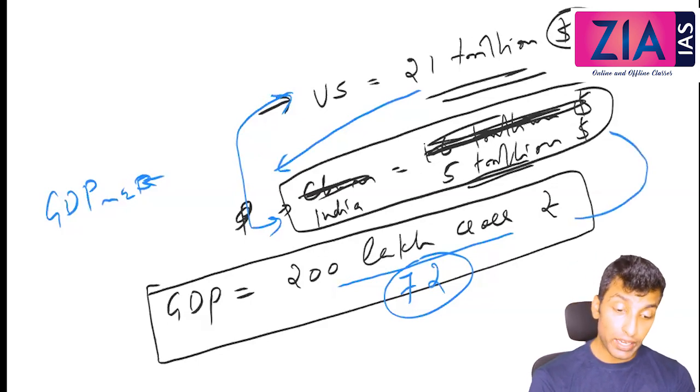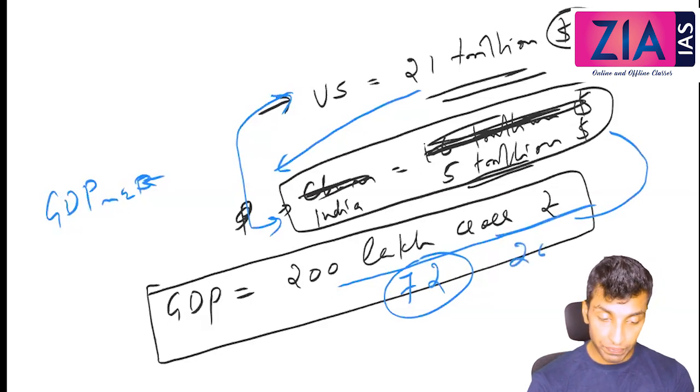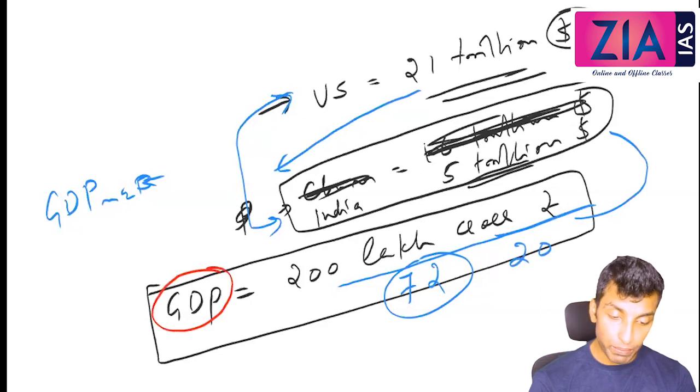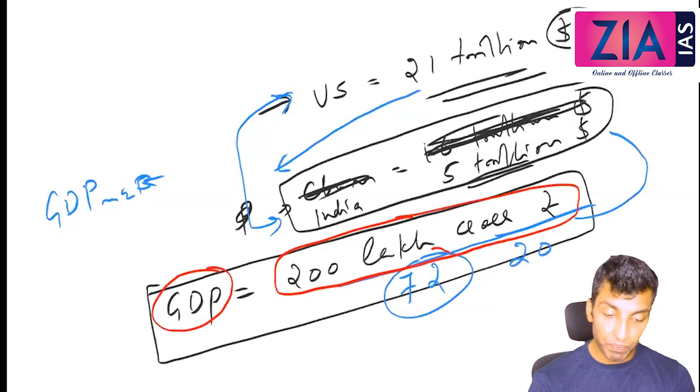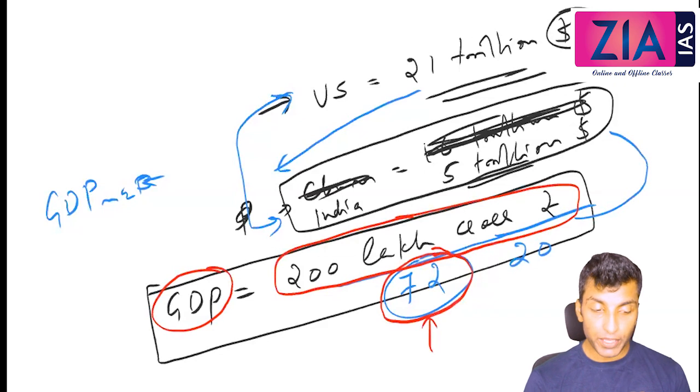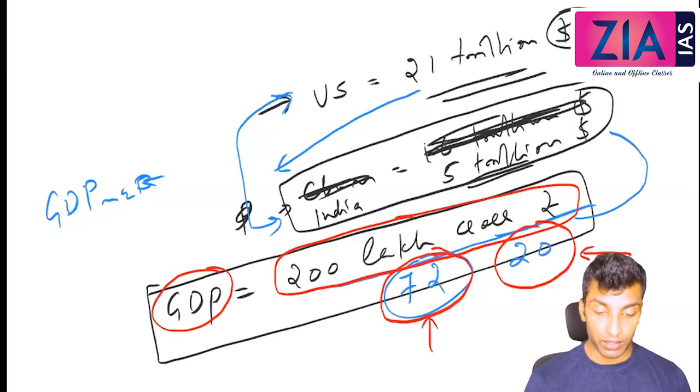But when you calculate at purchasing power, the denominator will be 20. So are you getting me? GDP at market exchange rate, whatever we calculated in rupee in India, you have to divide by 72. But you need to divide by 20 if you need to calculate at purchasing power. So in which case will GDP be more for India?